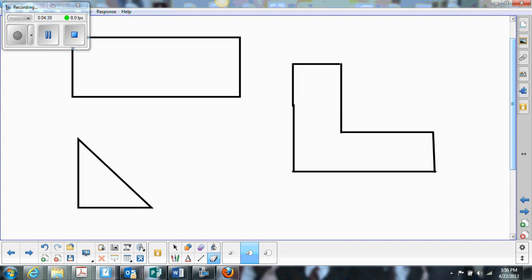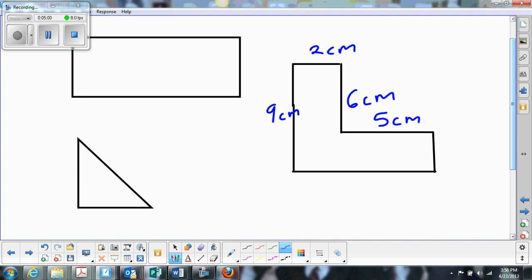So if I had a shape like this, and this was 9 centimeters, this was 2 centimeters, this was 6 centimeters, this was 5 centimeters, then if this is 6 centimeters, this must be 3 centimeters because this side and this side must each equal the same as the 9 centimeters.